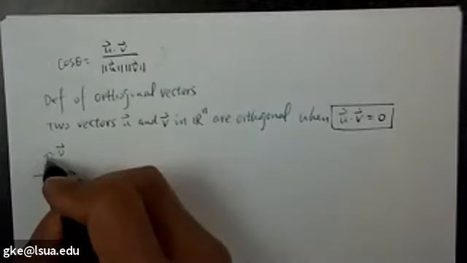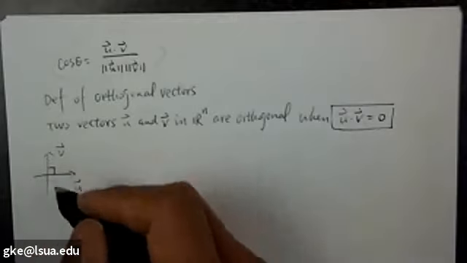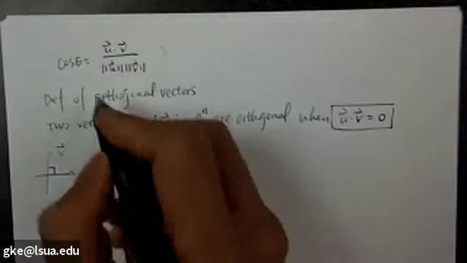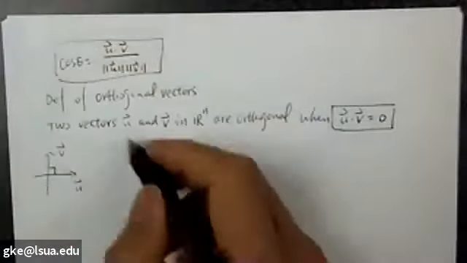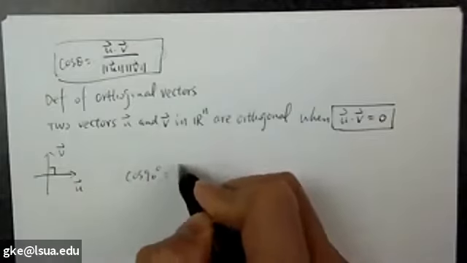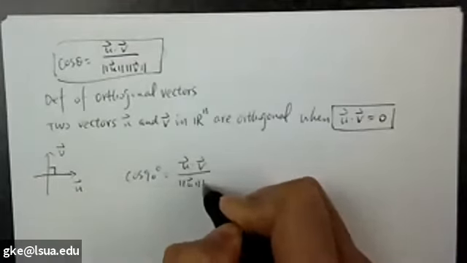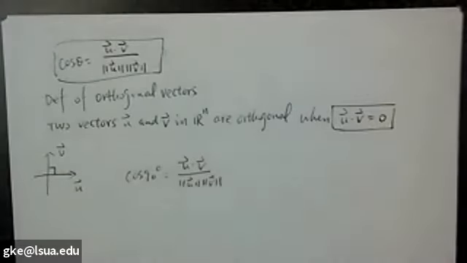That means the angle between these two vectors is going to be 90 degrees. So from this formula, theta equals 90 degrees.